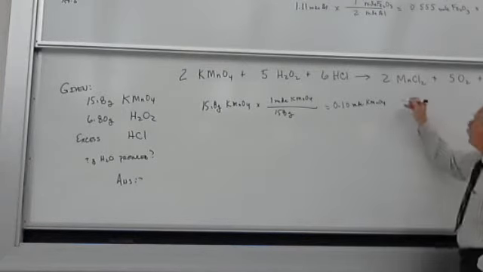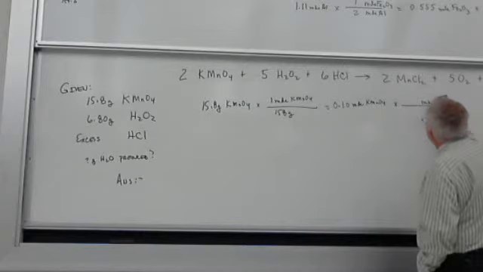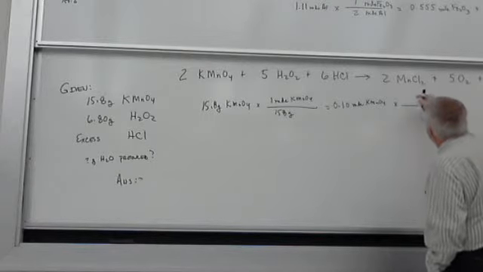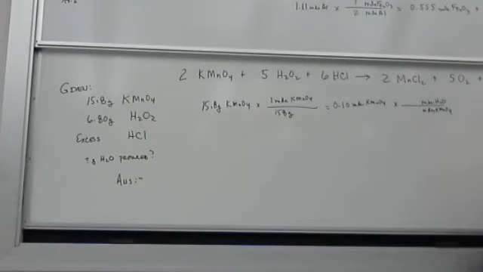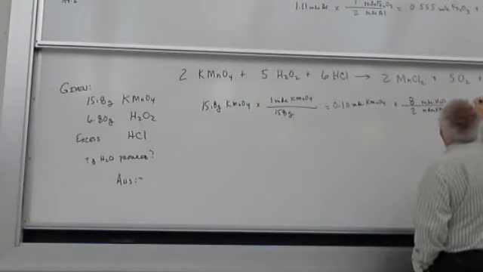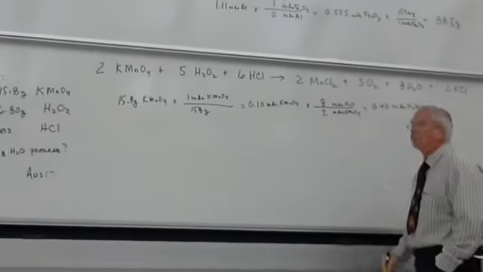So we connect that to the water using a mole ratio, looking for moles of water, knowing moles of KMnO4. What's the ratio between these two, and where does it come from? It's 8/2, coming from the balanced chemical equation. So that tells me that I can make 0.4 moles of water.